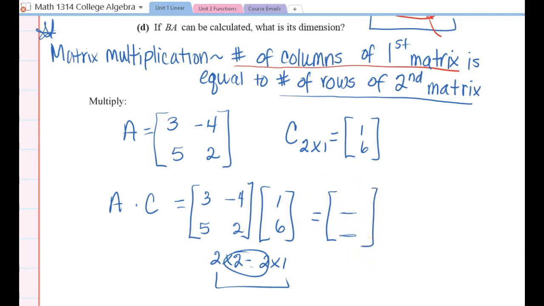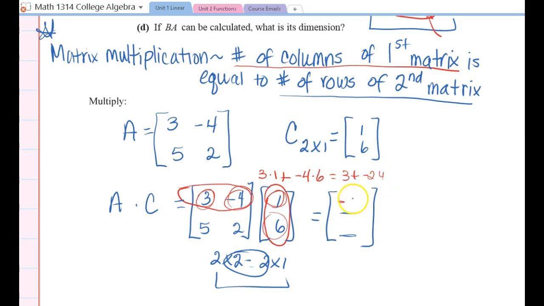Again, you don't have to know how to do this, but it makes sense later. What we're going to do is multiply the row times the column. When I multiply, I'm going to get 3 times 1, that's this number times this one, plus negative 4 times 6. So when we do the math there, I get 3 plus a negative 24.